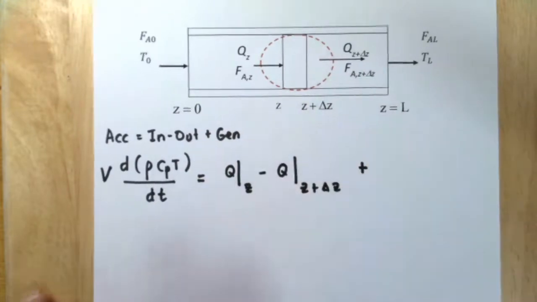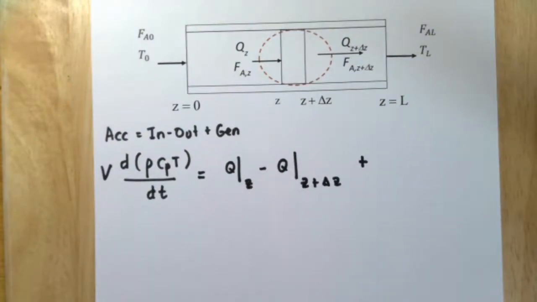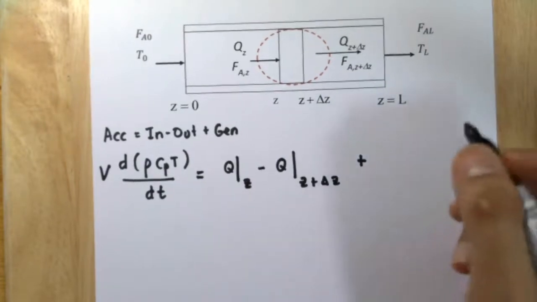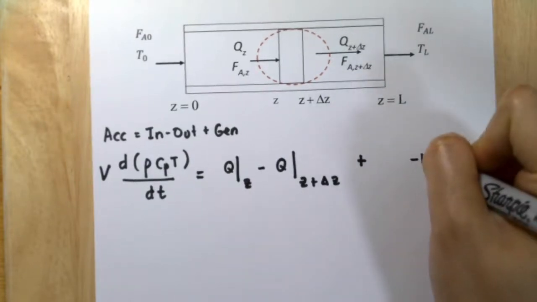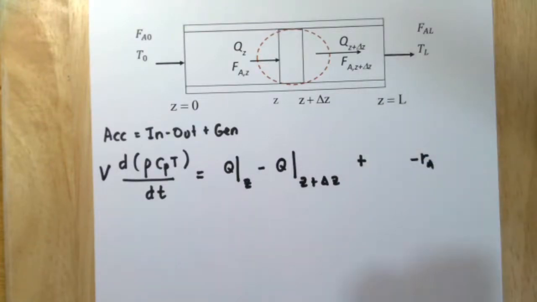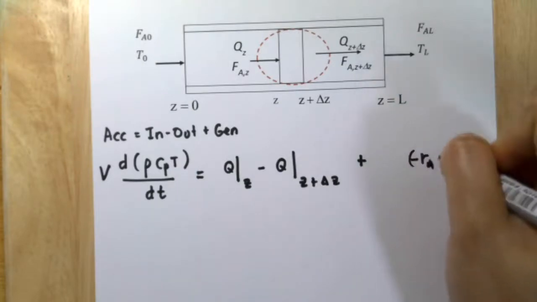So the reaction is exothermic, so it is contributing energy to the system. So I would like that term to be positive, so I will write negative RA. So this is the rate of consumption of A, or negative the rate of generation of A.